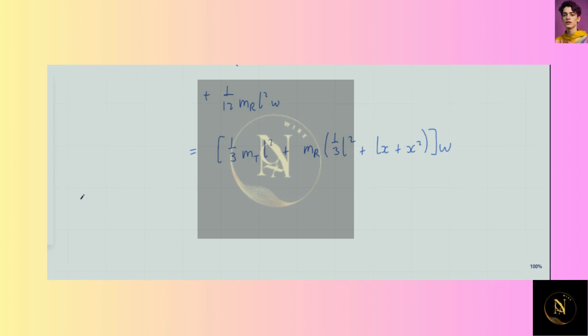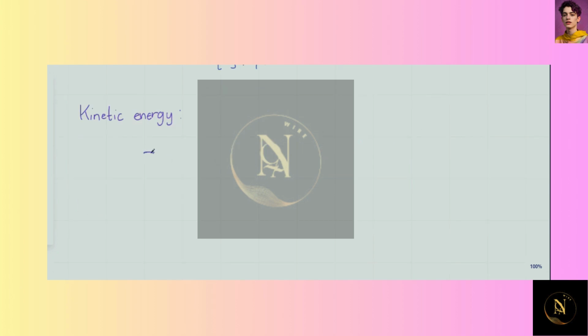The next thing we'll do is find the kinetic energy. So the kinetic energy of the system is T, and T is equal to a half m_t times v bar theta t squared.